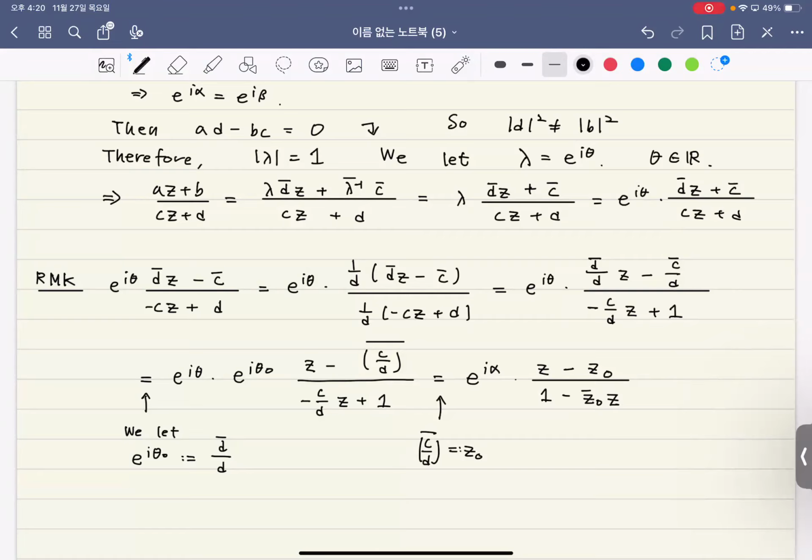But suppose this point is outside of this unit circle, then what? In this case, the inside of the unit circle is being mapped to the outside of the unit circle in W. So it gives a slightly better idea.